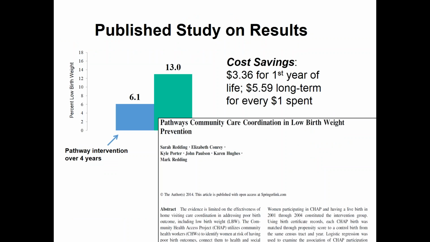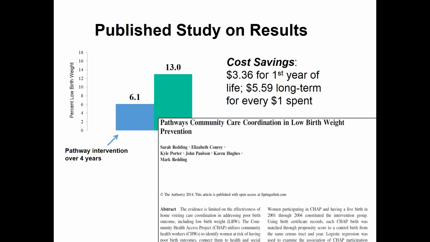This is our first published results around pathways, and this was actually pre-hub era when we were just doing pathways within our own agency. And we took 4 years of our data and we gave it to the Ohio Department of Health. They matched it to vital statistics, and then they gave that to the Ohio State University Department of Biostatistics.